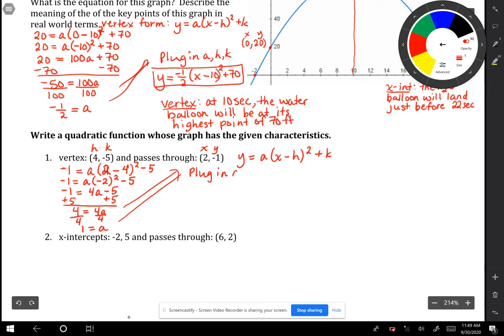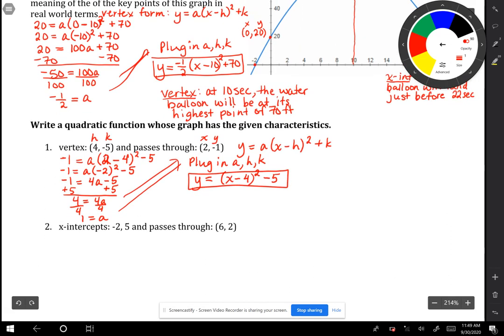Plug in A, H, K. Just look at your formula for the vertex form. The only things you plug in are your A, H, and K. So Y equals 1. This time I'll just leave the 1 out. Times X minus H, which is 4. Square it. Plus K, which is -5. Done. Doesn't even take very long.